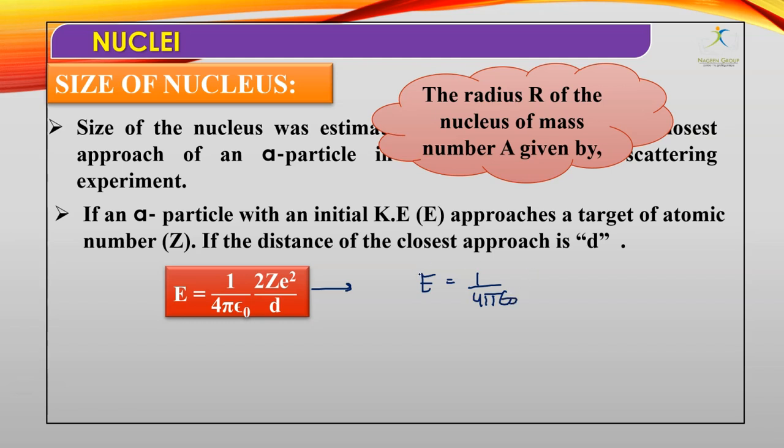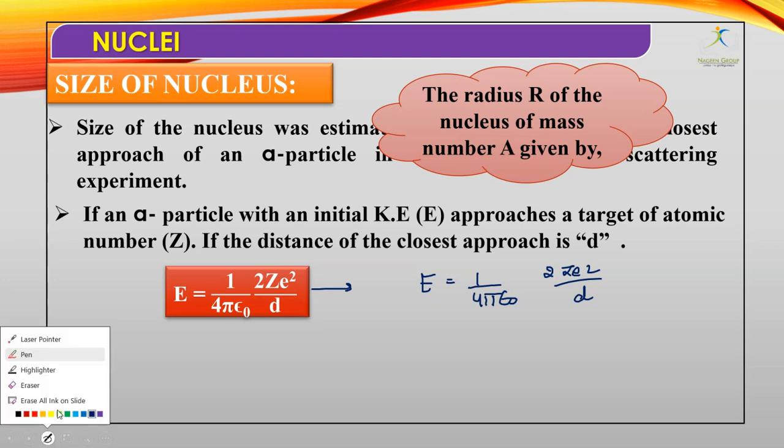So instead of Q1 and Q2, what do we have actually? We have only the alpha particle, and the charge of the alpha particle is 2 times the charge of a proton. That's why we put 2Ze²/d. I hope you understand, students. If there is any confusion, you can ask in the chat session.